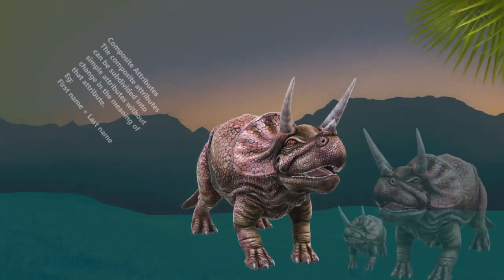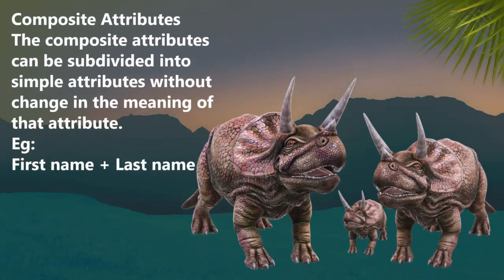Next one is composite attributes. The composite attribute can be subdivided into simple attributes without changing the meaning of the attribute. So, a composite attribute is a subdivision of simple attributes, a combination of simple attributes. But we can divide it into different units without changing the meaning of that attribute.